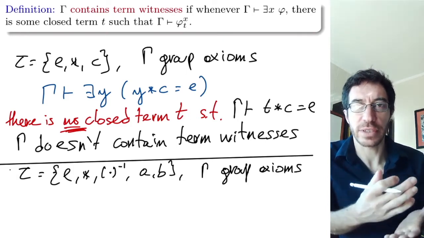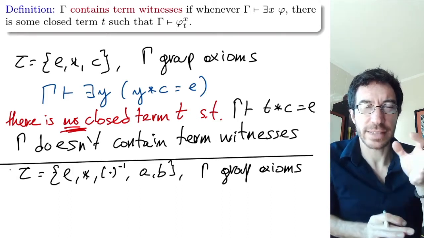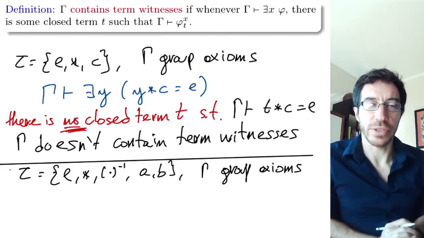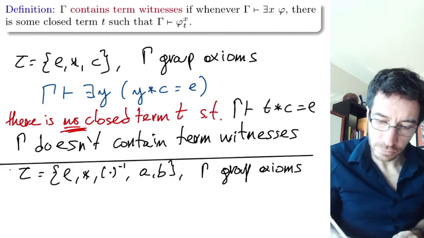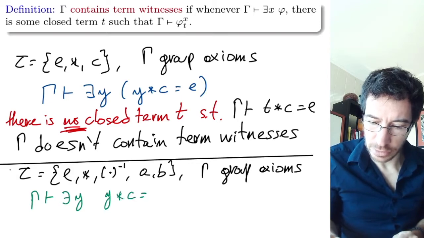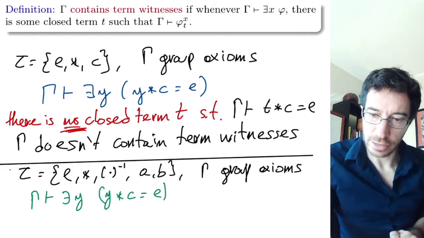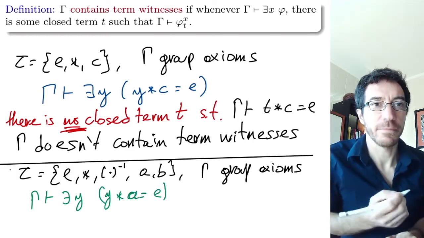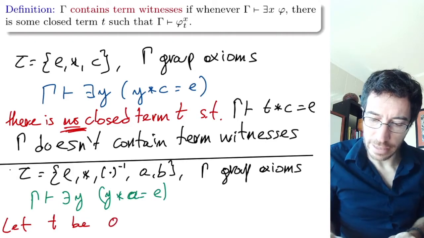So the inverse axiom says for every x, x times x inverse equals identity. So it's a slight modification of the group axioms to describe how this inverse behaves. So now in this case we have again that gamma shows there exists a y such that y star c equals e, fine, the same thing, still an axiom, and the closed term, no sorry, it's not a c, it should be an a, and there exists a term, the term a inverse, right?